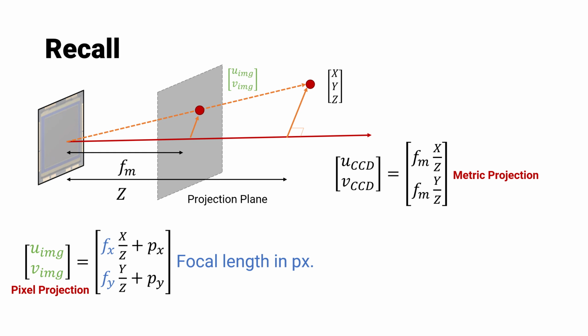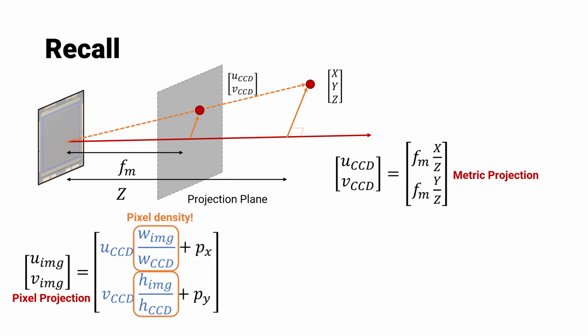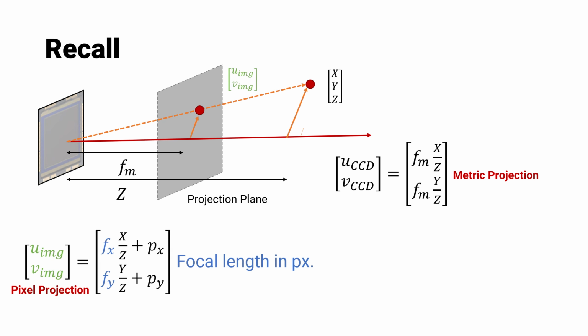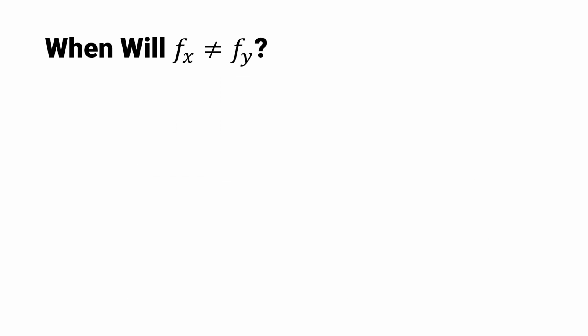Focal length in pixels is given by focal length in millimeters times the pixel density itself. Of course, you can have a different focal length for X and Y. Generally, if the pixel density is the same, you would assume that Fx and Fy are the same, and you would call that F. The question is, when will Fx not be equal to Fy?